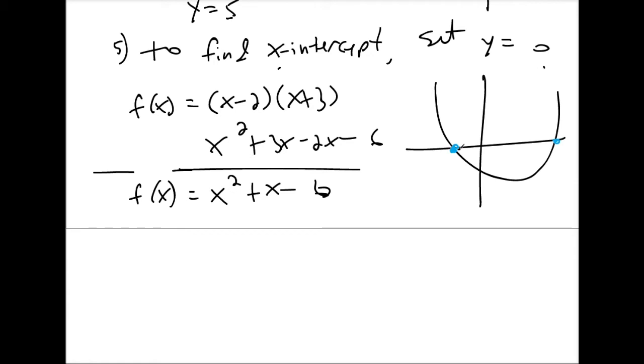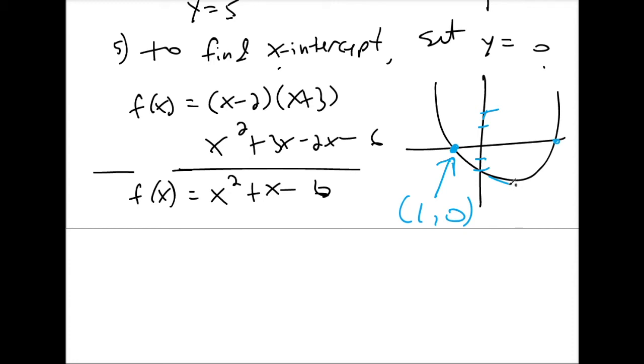Negative 2? What do you think this x comma y coordinate right there is? Wouldn't it be 1, 0? Yes. So what's the y value? 0. So that's why, this is crossing the x-axis right here.